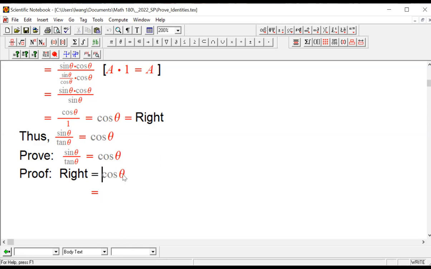So I'm going to move in that direction. I'm going to do sine theta divided by sine theta. So I multiply by 1 to cosine theta. You see, I'm moving in that direction. And the next step, I got sine theta multiply cosine theta.